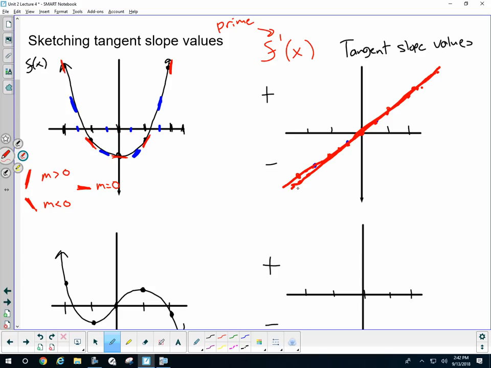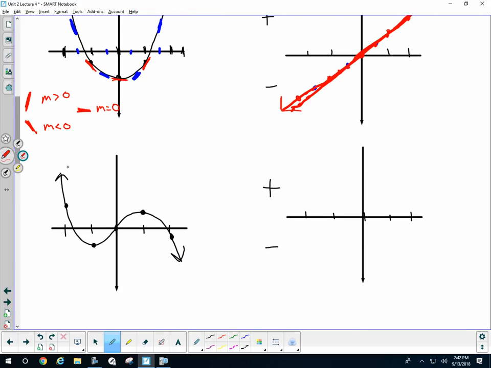Okay, cool. Well, I don't know, do all functions end up with a line of tangent slope values? Let's find out. Let's look at a different function. This guy is an f. I would like you to graph f prime values starting at -2, -1, 0, 1, and 2.